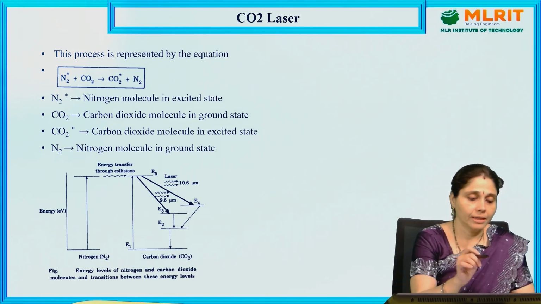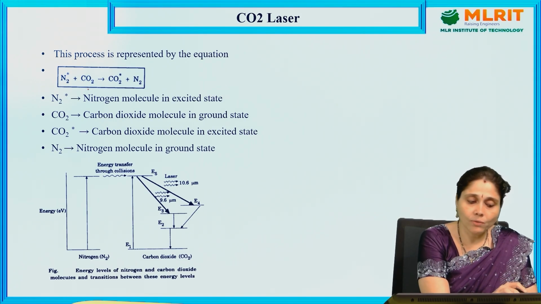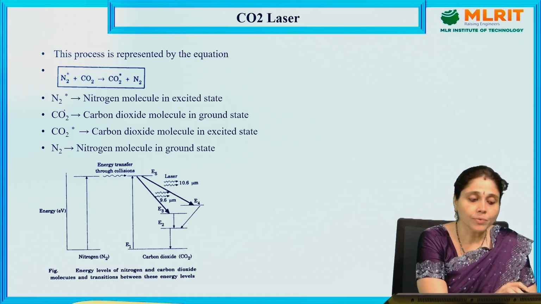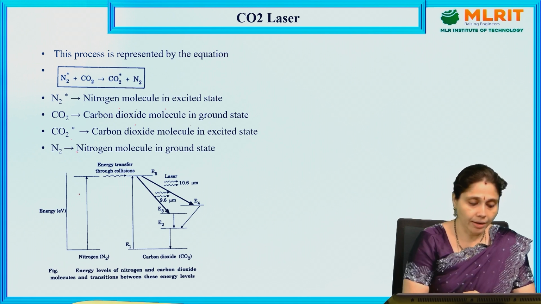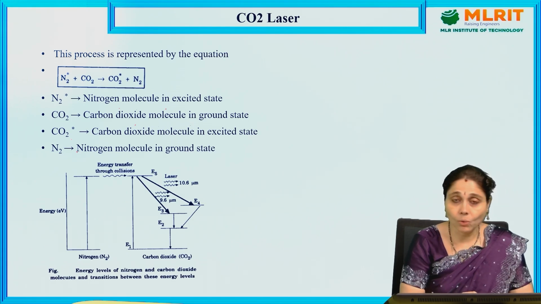So what happens here? N2* + CO2 gives rise to CO2* + N2. N2* is the nitrogen molecule in the excited state, CO2 is the carbon dioxide molecule in the ground state, CO2* is the carbon dioxide molecule in the excited state, and N2 is the nitrogen molecule in the ground state. Energy transfer occurs through collisions.